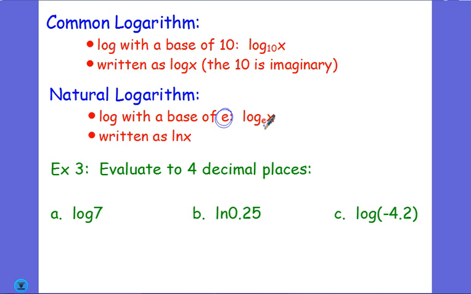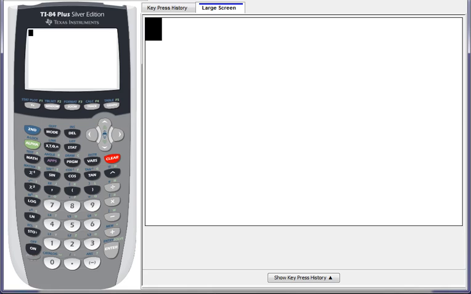Now the reason these two logs are so important to us is because they are used most often. And because they are used most often, they are programmed onto your calculator. So if you take a look at the calculator for a moment, if you look over here on the left-hand side, right here, there are those two important buttons. This log button here is programmed to be with your base 10.